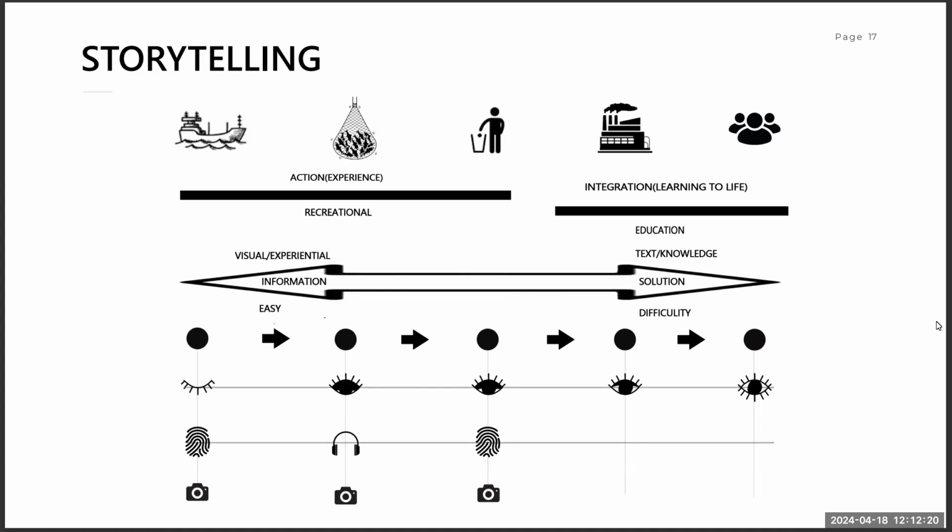So, as there is no need to read the text in the previous exhibitions, there is not much need for light. The light will only focus on the showcase or objectives.